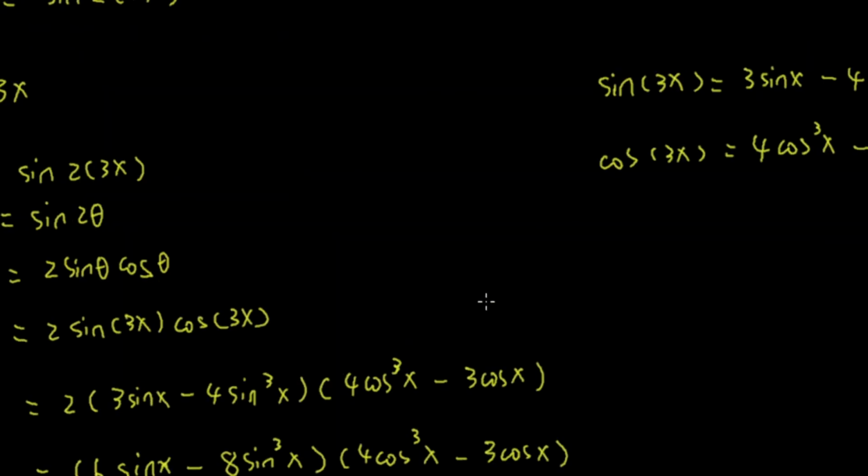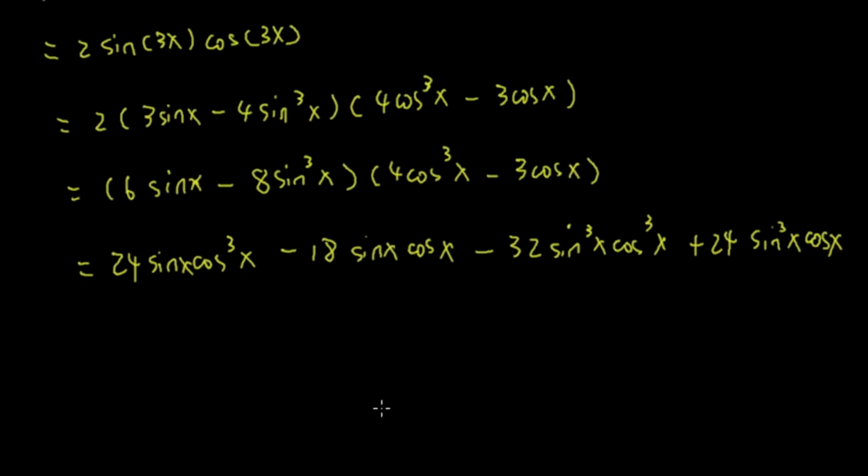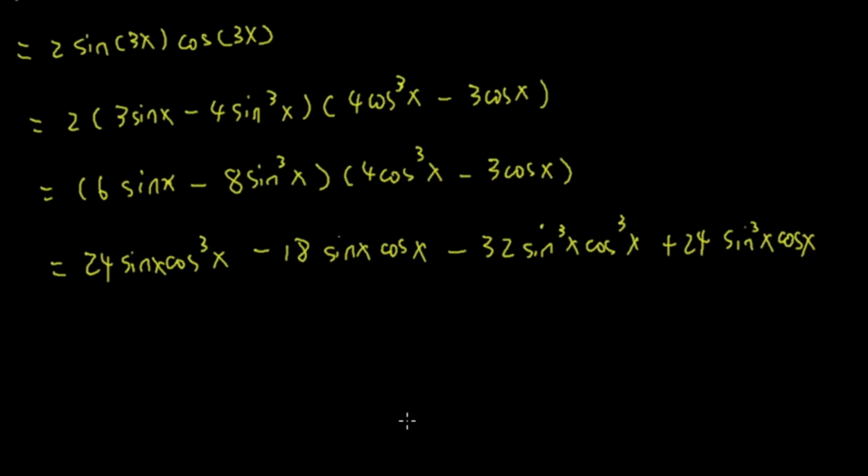Now, we do know that sin square x is equal to 1 minus cosine square x. And here, we're going to rewrite cosine cube x into cosine x times cosine square x. So that's equal to 24 sin x times cosine of x times cosine square x. So this is cosine cube x.